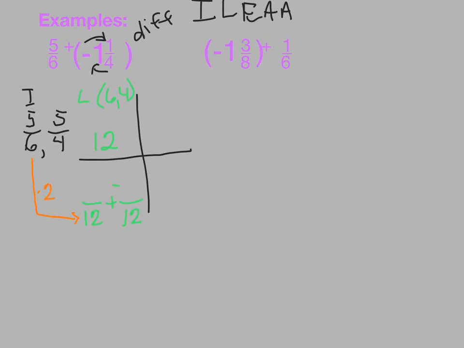I do that to the numerator. 5 times 2 is 10. I say to myself, how do I get from 4 to 12? Well, that's times 3. And I know that 5 times 3 is 15. And in this case, it's negative 15 because I did bring that negative down because it does belong with it.